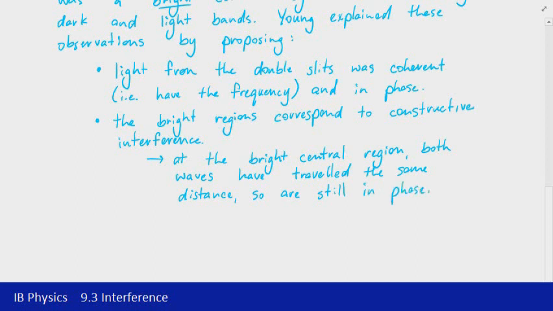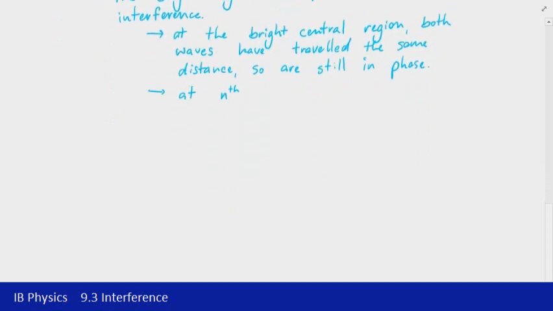When we then go and look at the next bright and dark bands, and as we continue to move out from there, we can talk about the nth order. And so by nth order, what we mean is sort of the first, second, third, fourth, and so on and so forth.